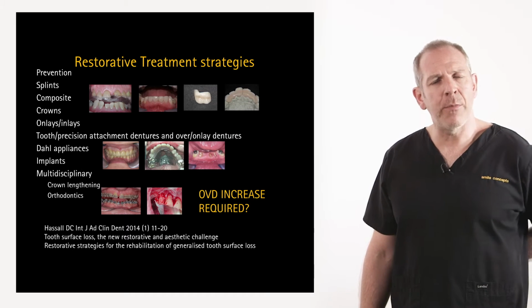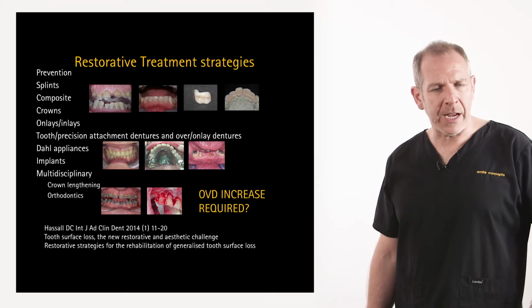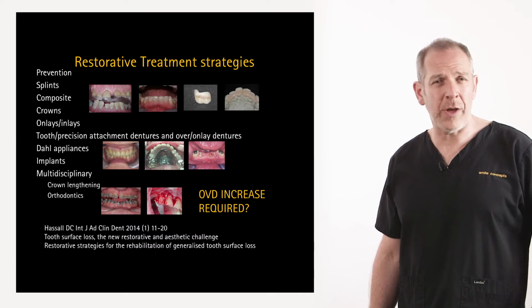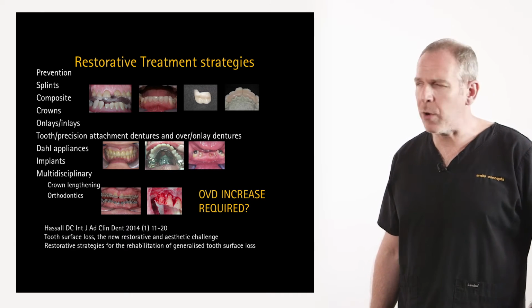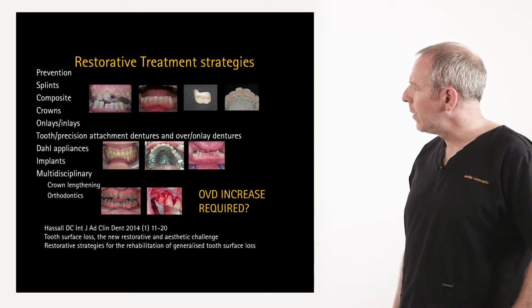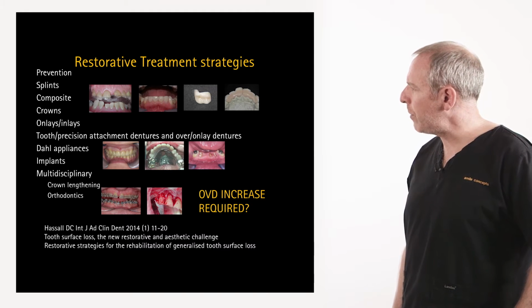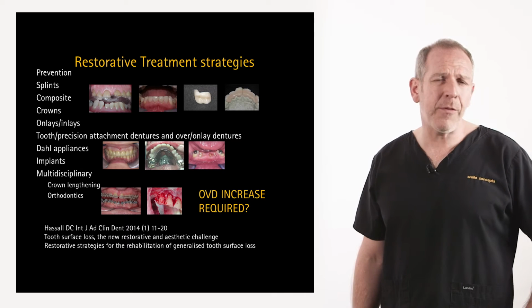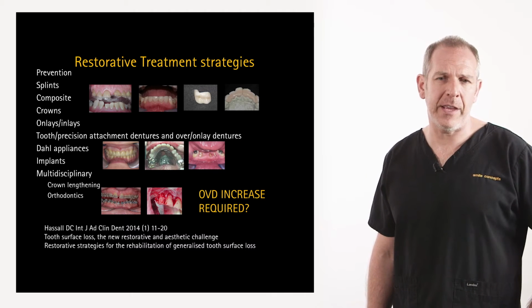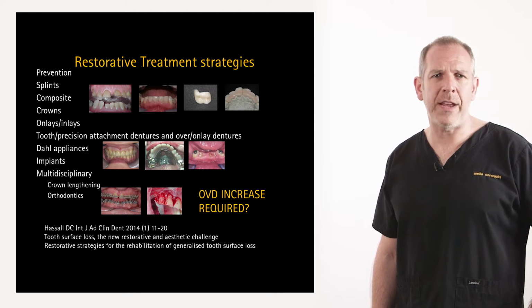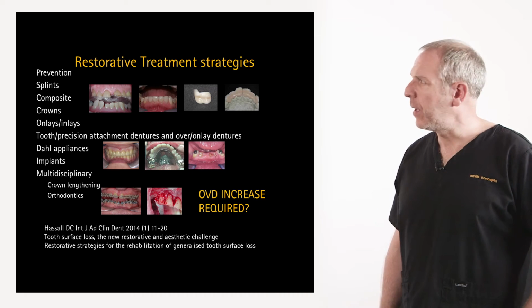And for a great number of tooth wear cases, an increase in the occlusal vertical dimension will be required. So what are our treatment strategies? Prevention has to be the mainstay. So we have to look at prevention first of all.